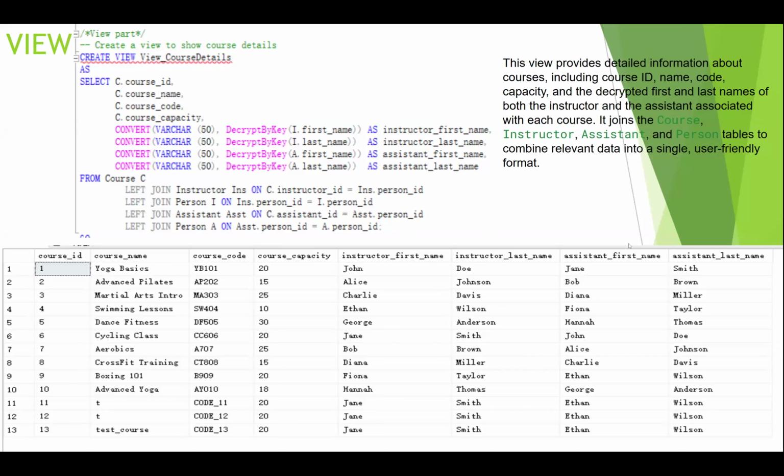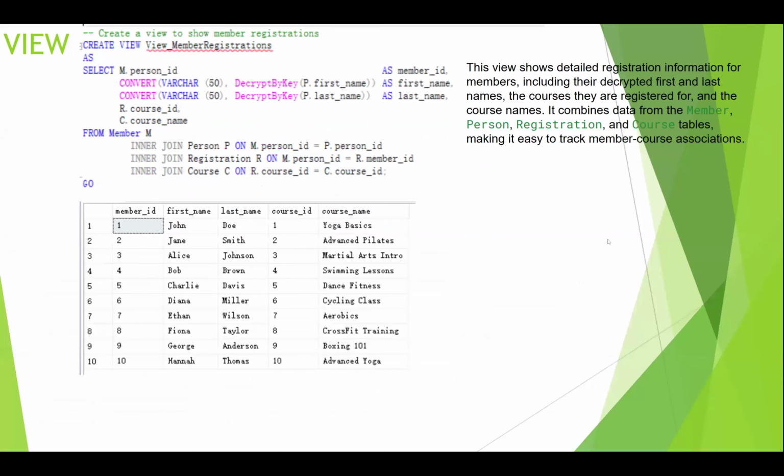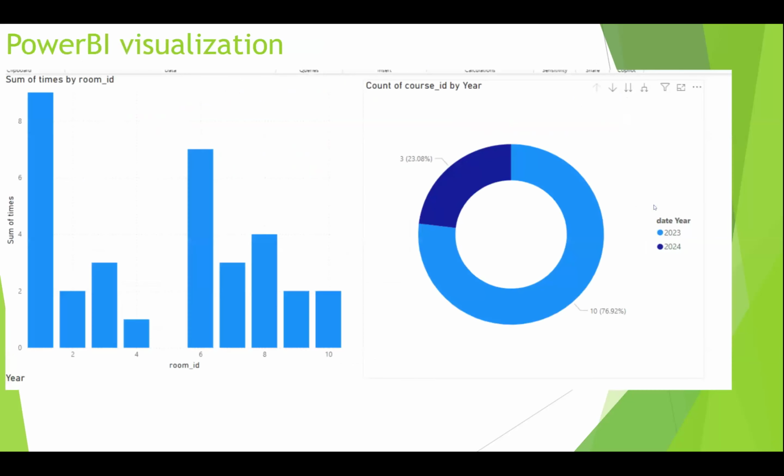And the other view is the detail of the restriction information for members, including the first and last name, the course they registered for, and the course name. It combines the member, person, registration, and course tables, making it easy to track member course association.